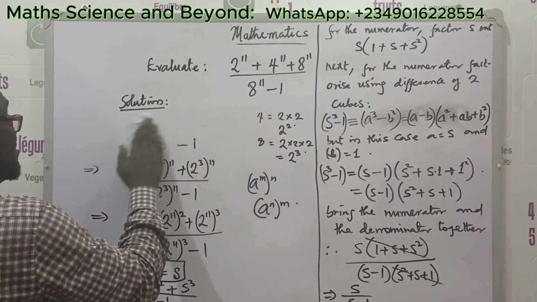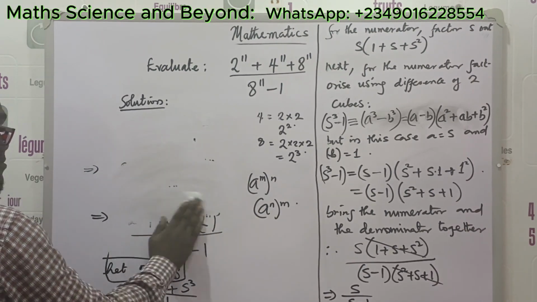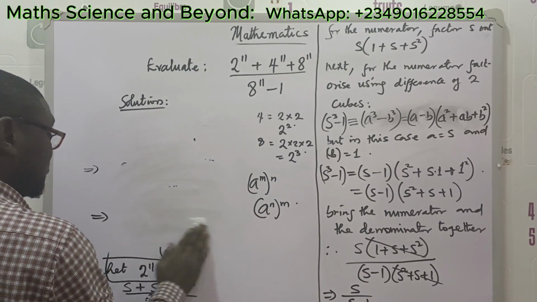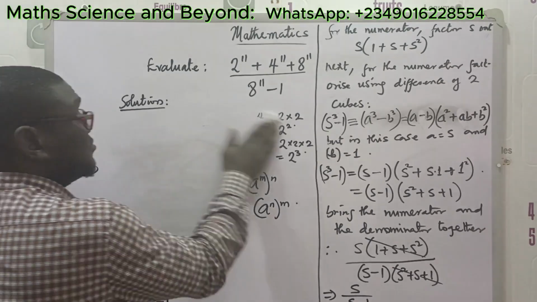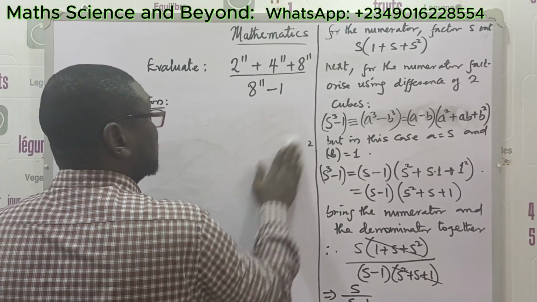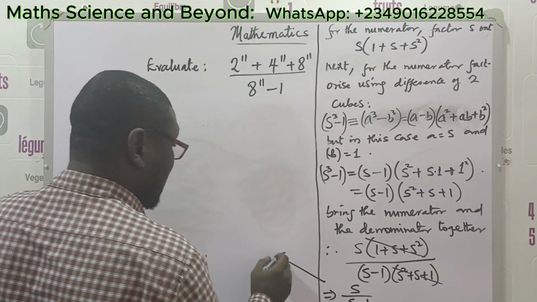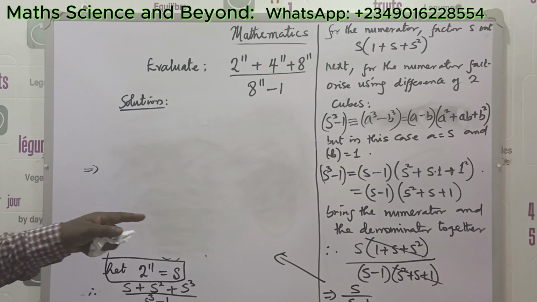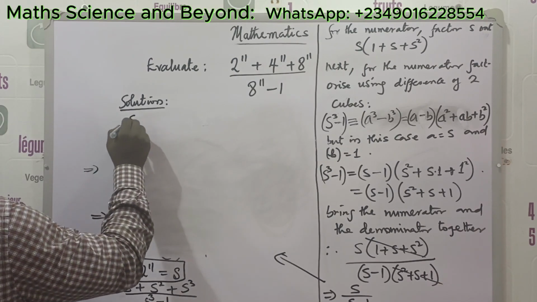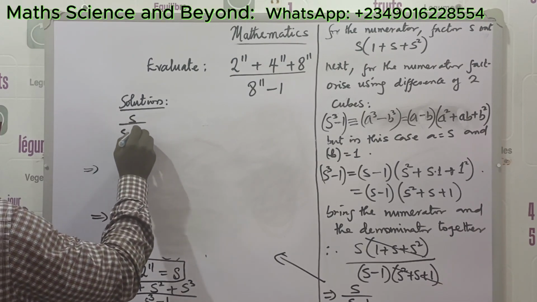Let me clean this. So let's come here. At this stage, we have s all over s minus 1.